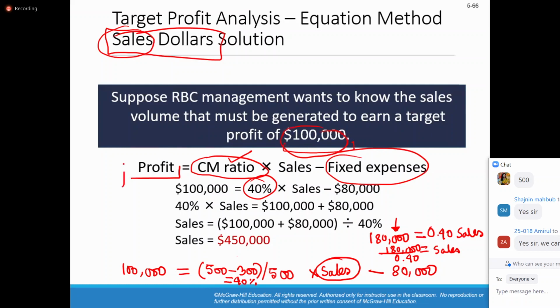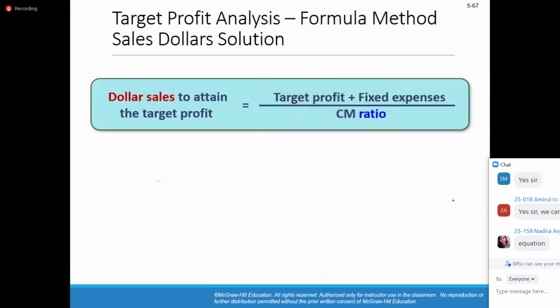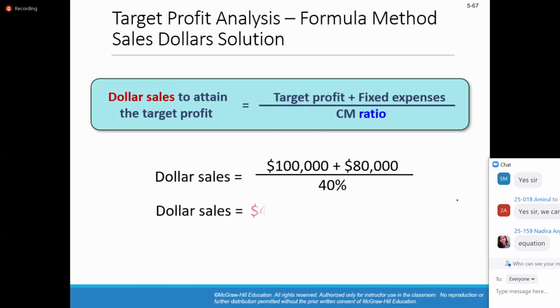This approach, what we have just done, looks like an equation or formula. It's a kind of equation approach. We are just reapplying the equation, and now if we would like to see the same thing from the formula approach, you have to recall how we applied the formula in determining the break-even sales.